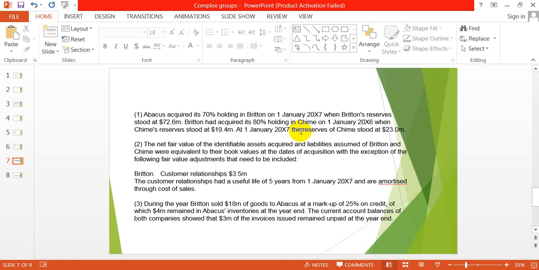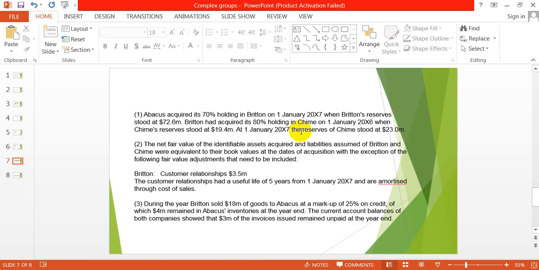Abacus cannot consolidate C as at 1st January 20x6 because as at that date, Abacus did not control Britain. So Abacus can only consolidate C as from 1st January 20x7 when it acquired the 70% holding in Britain.